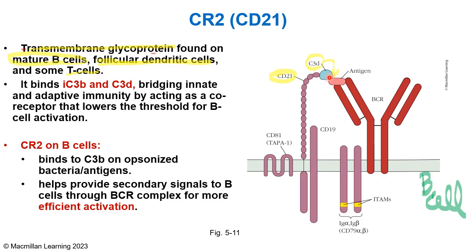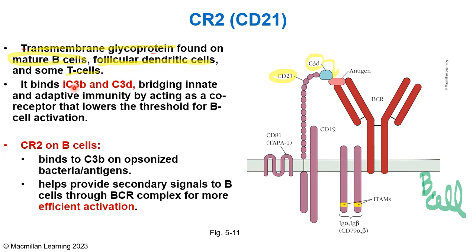Now, if your antigen comes tagged, and the tag interacts with this other receptor, that is your CR2, now you can activate your B cell action. Okay, because now you're going to have one signal that comes down the B cell receptor and another signal that is going to come down CR2. And in order to activate the B cells, to make them effector cells, you need to have at least two signals. Okay, so this receptor here is very important to send out this second signal for B cell activation.